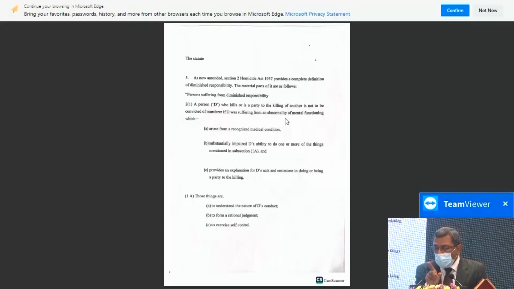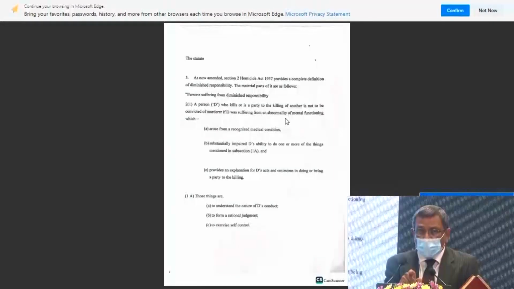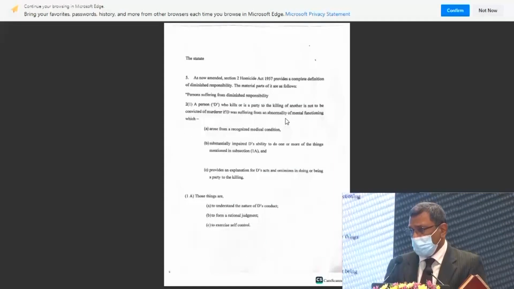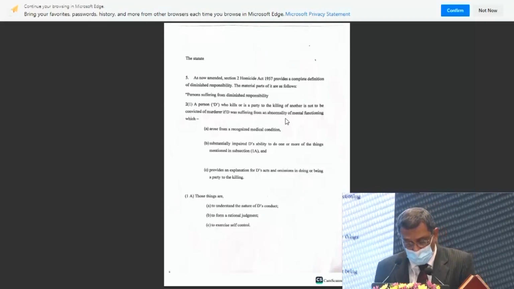I have now given to you the definition as found in the English law. If you go through this statutory provision carefully, I'm sure you might be able to gain some understanding of what diminished responsibility means in law. Let us go through that.